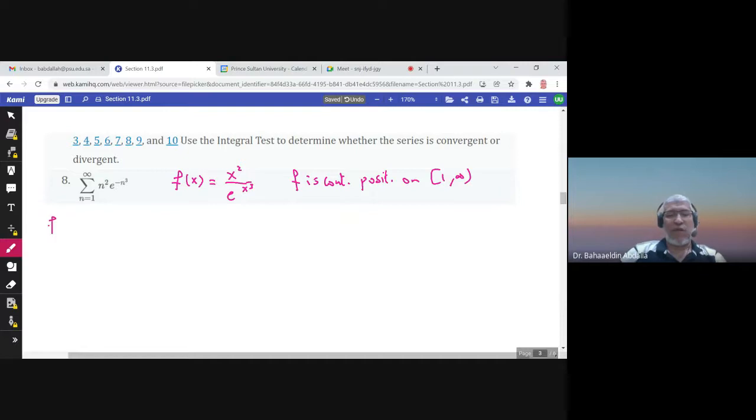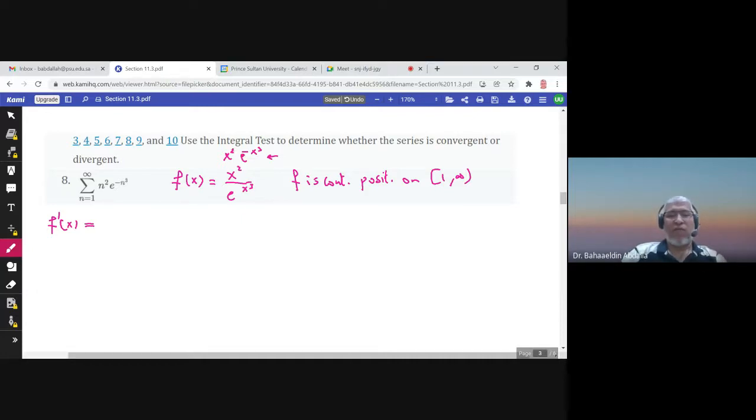And let us check the derivative to find where it is decreasing. Well, I can find the derivative using the product rule. So it is x squared times e to the power negative x cubed. I'll use this instead of the quotient rule. They are the same anyway.